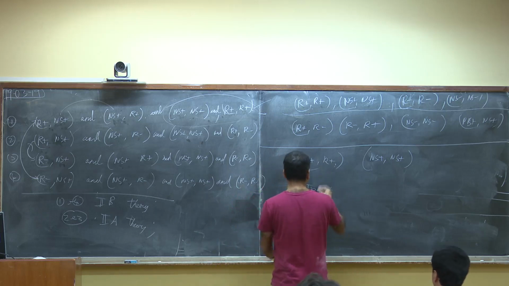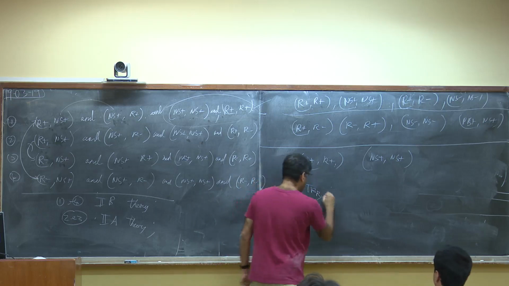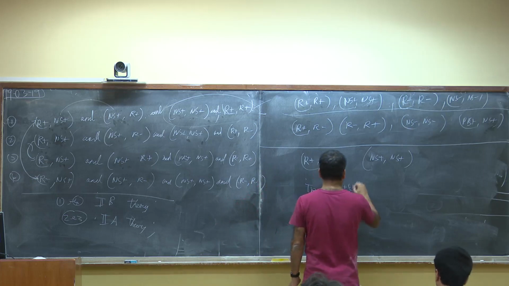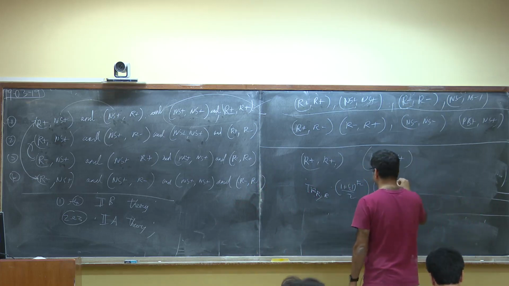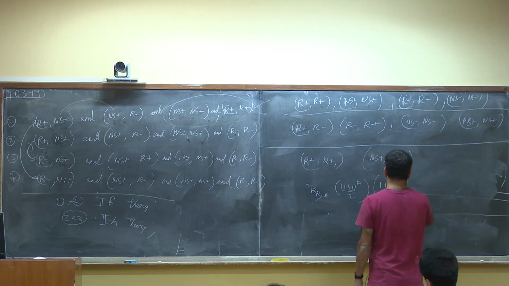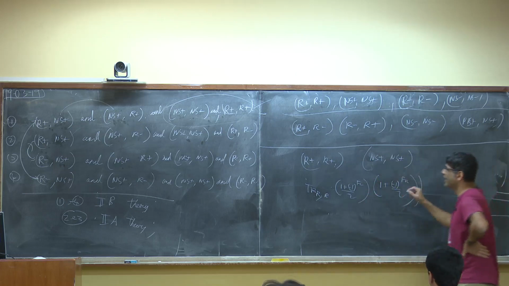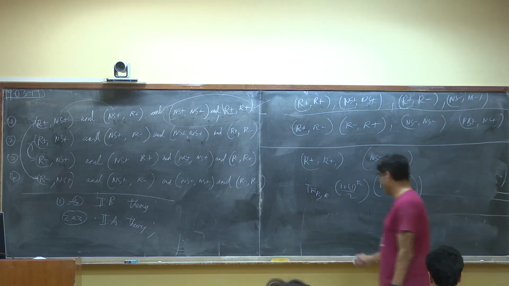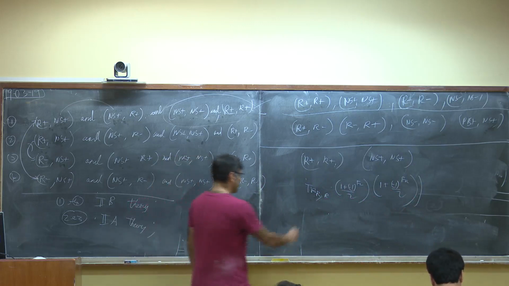So say R plus is a trace in the Ramond sector with 1 plus minus 1 to the power FL by 2 and 1 plus minus 1 to the power FR by 2. Okay, so suppose we took this. Now I have to translate it to diagrams. So let's translate it to diagrams.